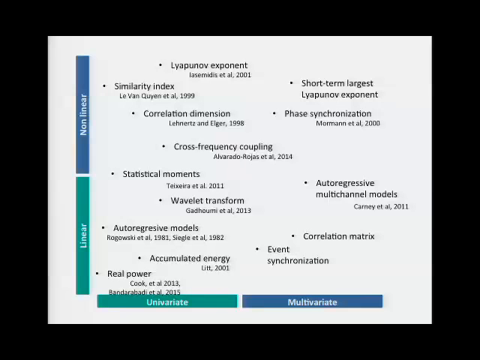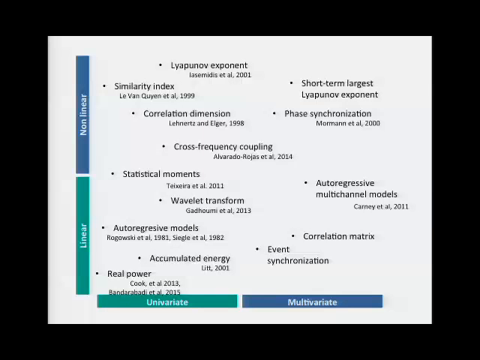You can also use accumulated energy. You can also model your signal as a linear model and use autoregressive models for that. Some statistical moments you can use. In my work, which will be presented tomorrow, I use cross-frequency coupling, that is the interaction between different frequency bands for a single channel.